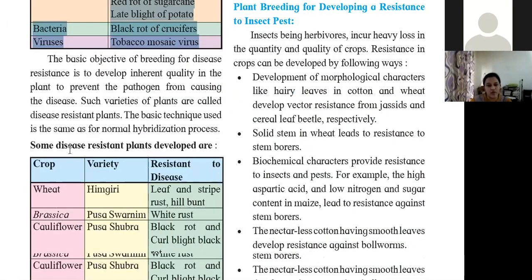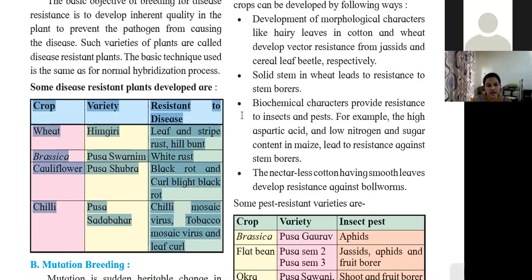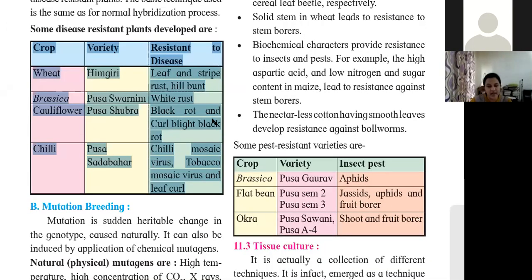And what type of crops improved varieties are developed to develop resistance against these diseases? So these are the crops. Okay, these crops are developed. Wheat variety, and this is the name of the variety, the crop is wheat and this is the variety. So you should remember this, the developed improved varieties of these particular crops, right?